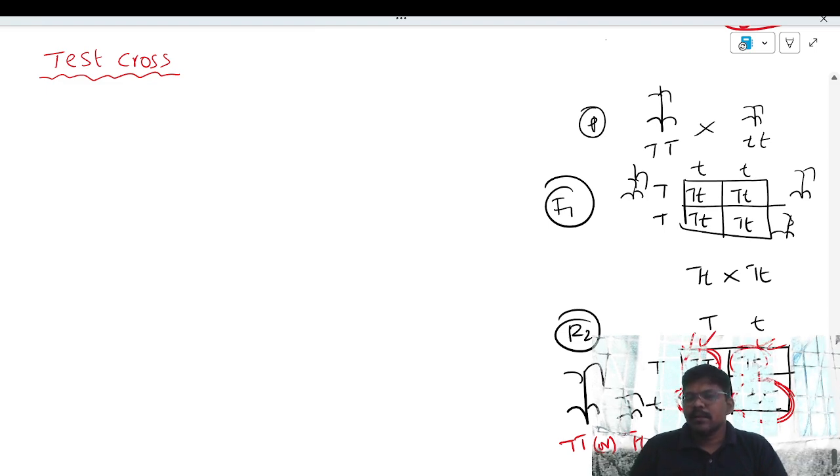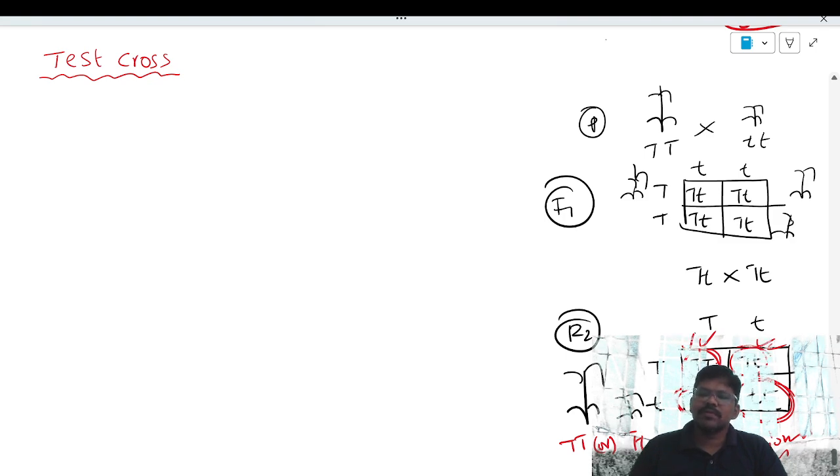Externally, we can see three tall plants and one dwarf plant. In these three tall plants, few are homozygous dominant, few are heterozygous dominant. The dwarf plant contains only homozygous recessive.